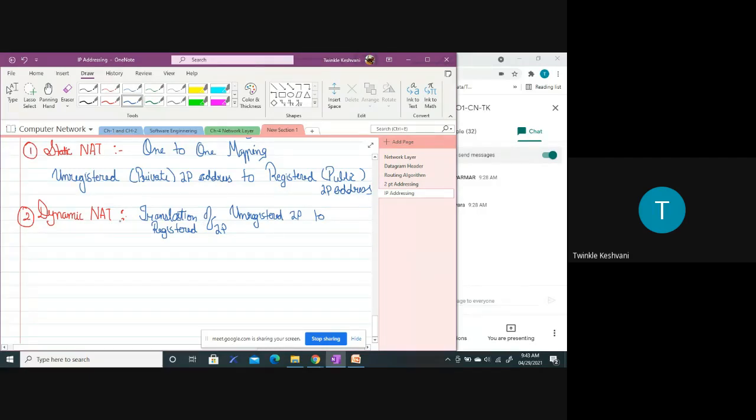So let's say that if there is a pool of two public IP addresses, then only two private IP addresses can be translated at a given time. And if a third private IP address wants to access the internet, then the packet will be dropped. Therefore, many private addresses are mapped to the pool of public IP addresses, and NAT is used for just the translation process.